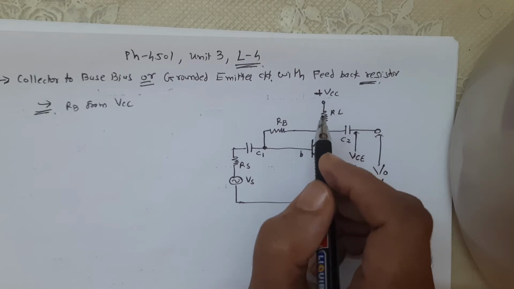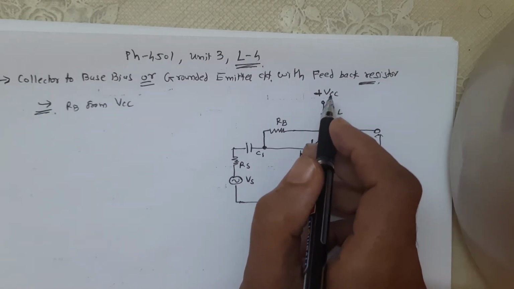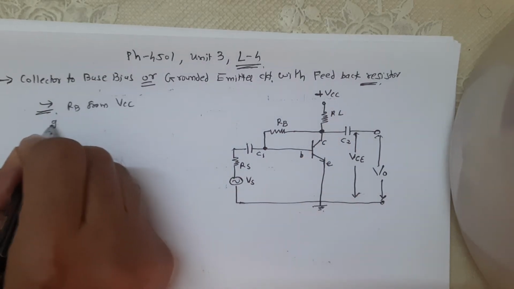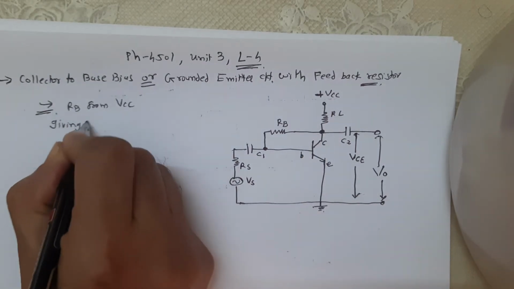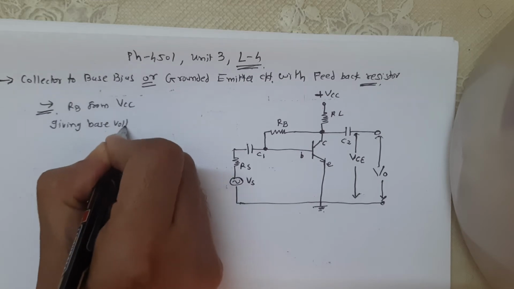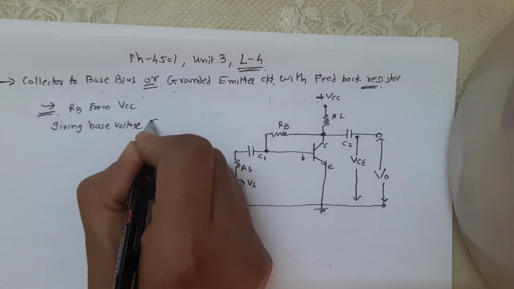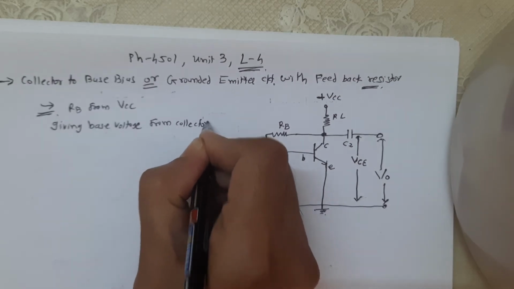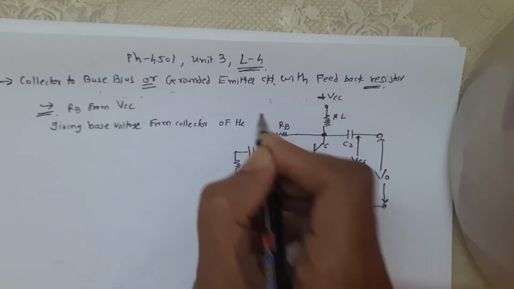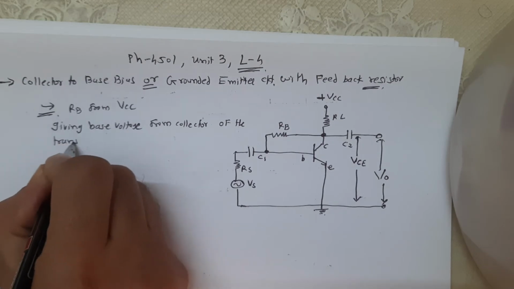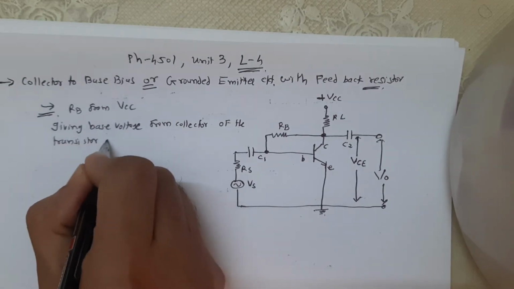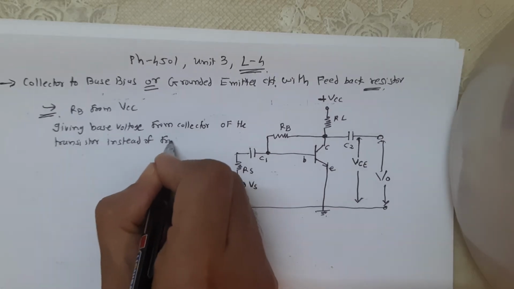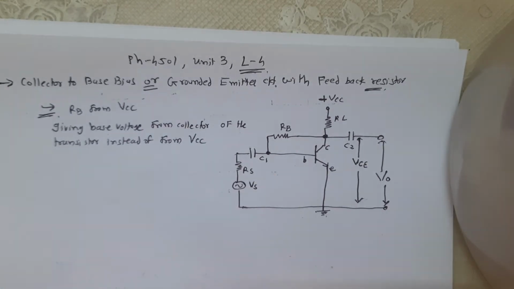So we can say that the stability of the circuit can be increased by giving the base voltage from the collector of the transistor instead of from VCC.